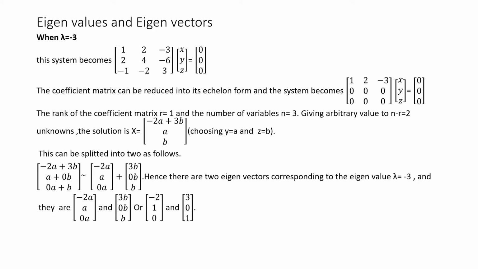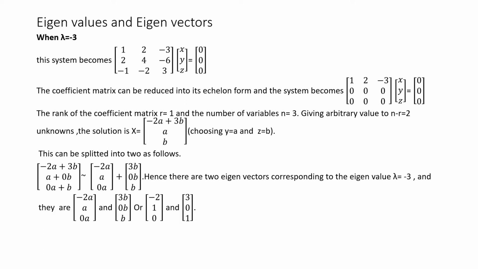Now, for the next eigenvalue lambda equals minus 3, the system A minus lambda I into x equals 0 becomes 1, 2, minus 3; 2, 4, minus 6; minus 1, minus 2, 3 into column x, y, z equals 0. As in the previous case, reducing the coefficient matrix into its echelon form and substituting back, we get 1, 2, minus 3; 0, 0, 0; 0, 0, 0 into column x, y, z equals 0.